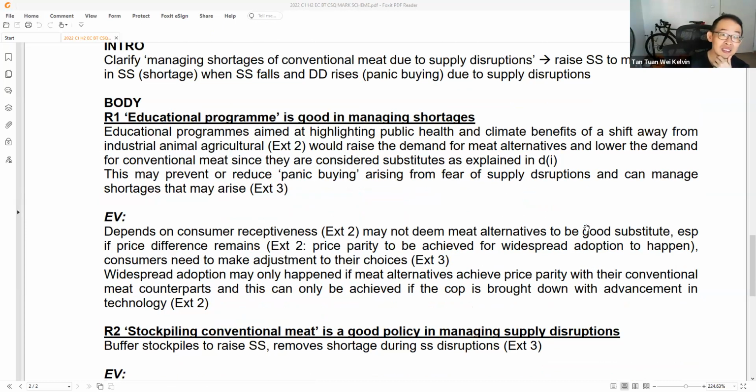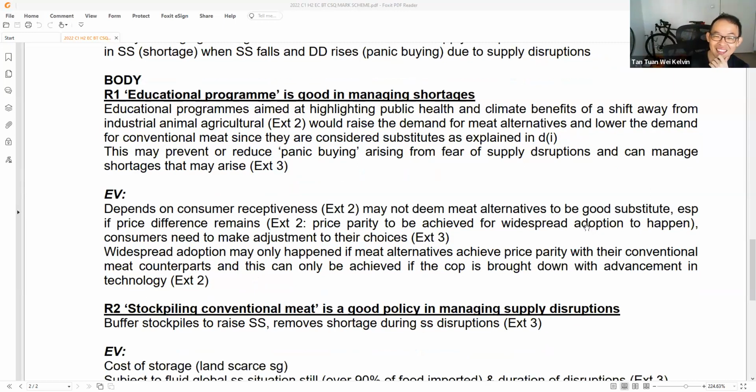Last year's HCI Teachers' Day, they gave us the Impossible Burger for free as a treat. When I ate it, I realized the plant-based meat sucks. The meat is clearly not meat. So no matter how much you educate me, I'd rather go for beef or chicken. So this really depends on consumer receptiveness.